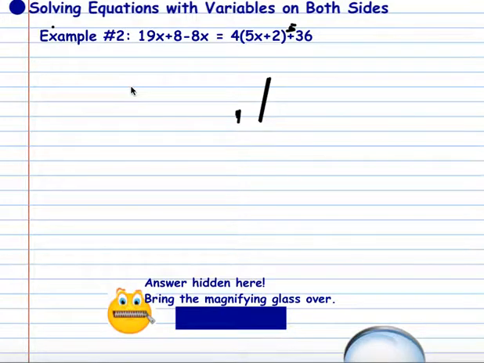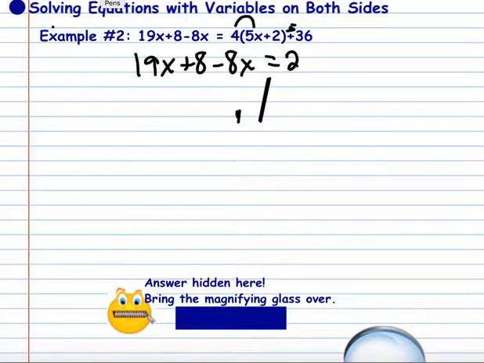Okay. So, we need to multiply out. That's what we've been trying to do. And we get 19x plus 8 minus 8x is equal to 20x plus 8 plus 36.